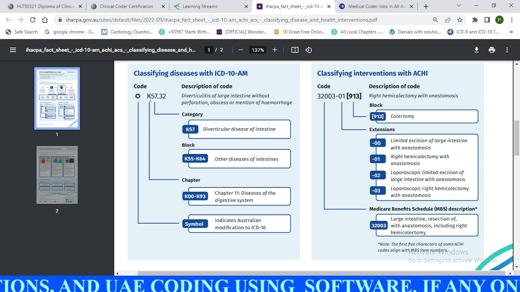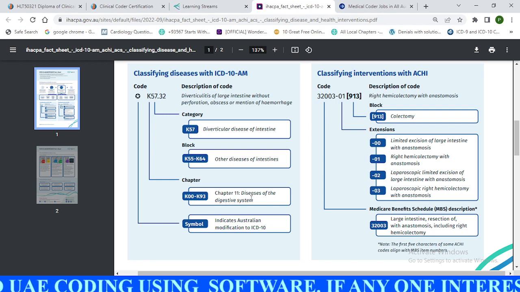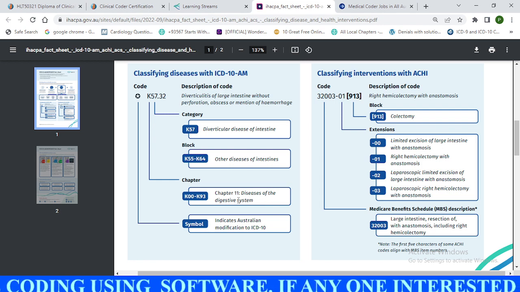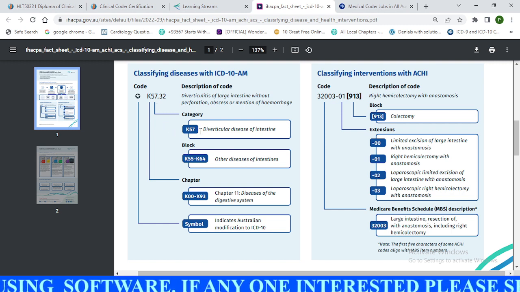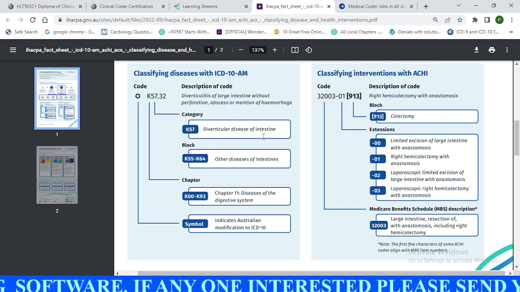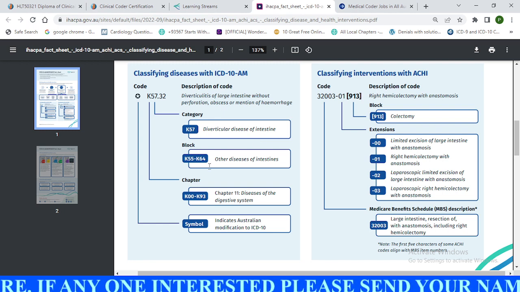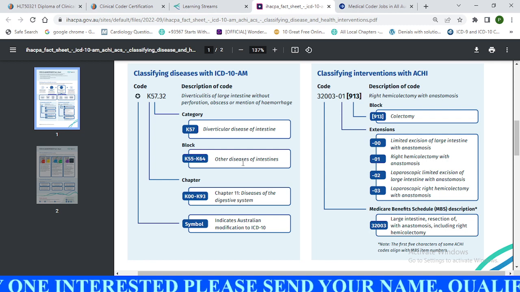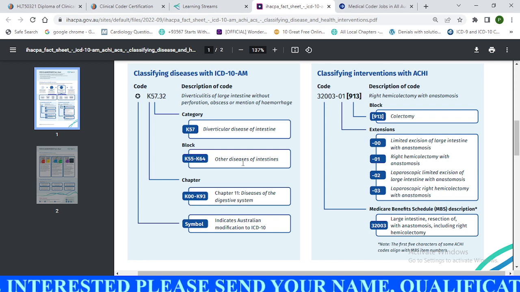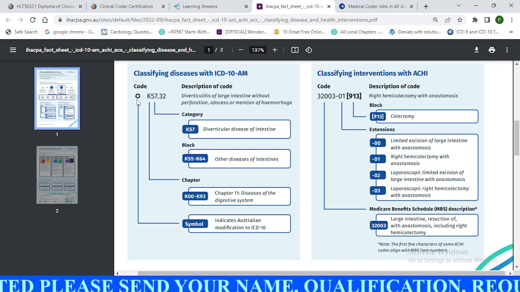If we check, K means chapter K00 to K93, chapter 11, diseases of the digestive system. Next we have 57, which denotes diverticular disease of intestine. Next block K55 to K64, other diseases of intestine. In order to understand ICD-10-AM, we need to divide the complete code into blocks.